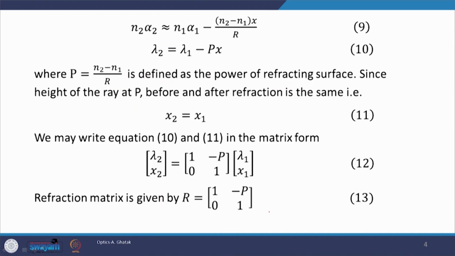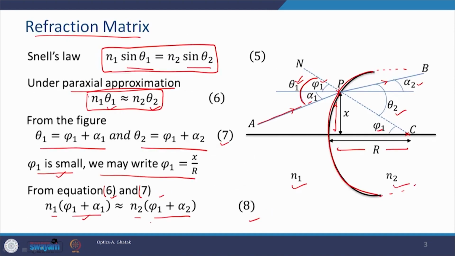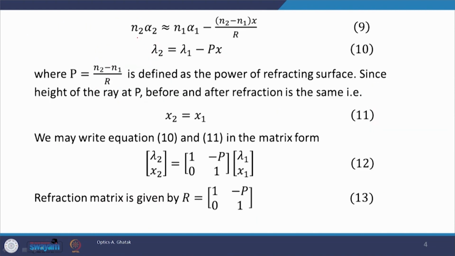Now, if we expand this, we get n2 alpha 2 is approximately equal to n1 alpha 1 minus (n2 minus n1) x by r. We also know that n times alpha is nothing but the direction cosine.